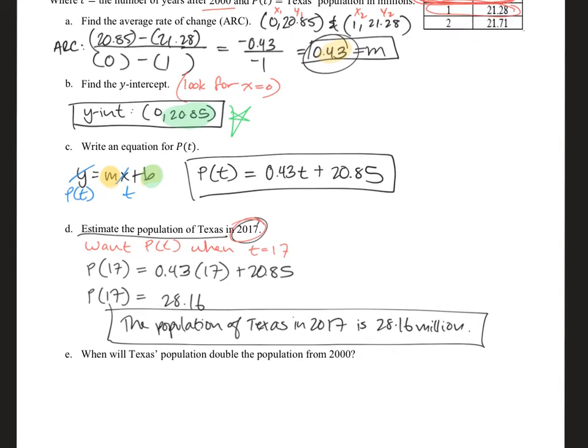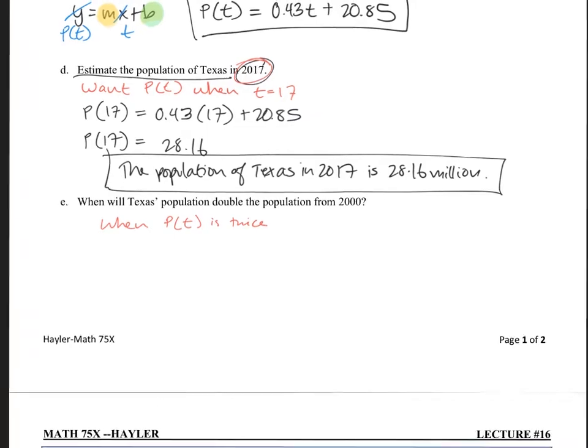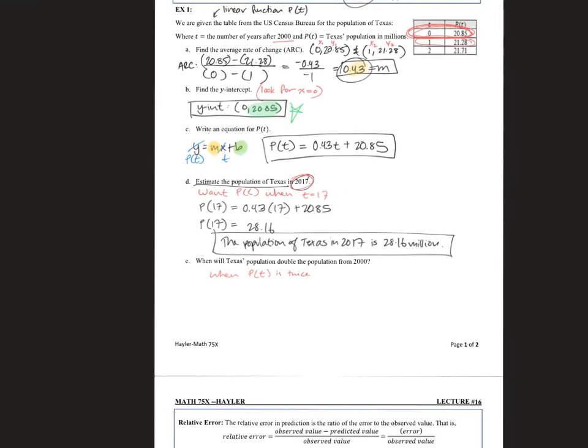Now, part E, when will Texas's population double the population from 2000? So what are we trying to figure out here? Well, we're trying to figure out when the population will be double what it was in 2000. So we want to know when P of t is twice the population from 2000. So what was the population in 2000?